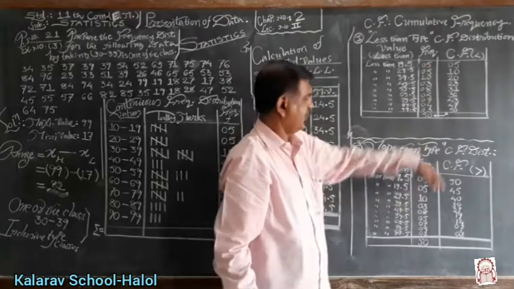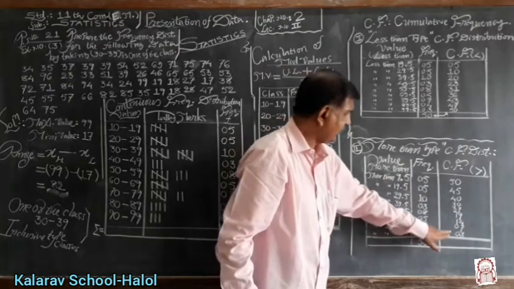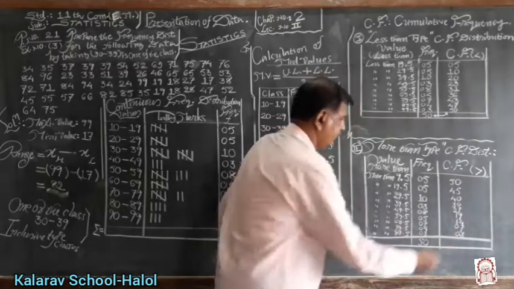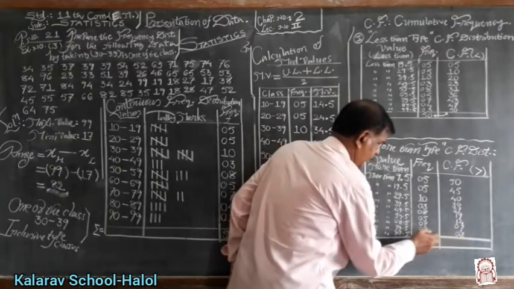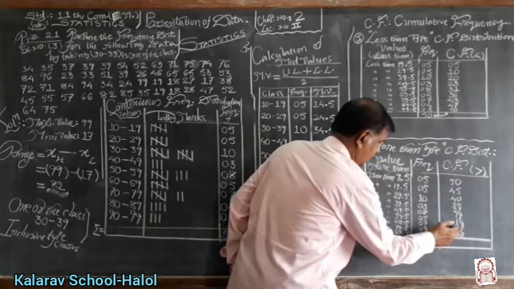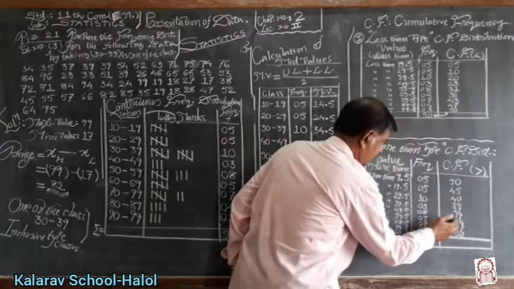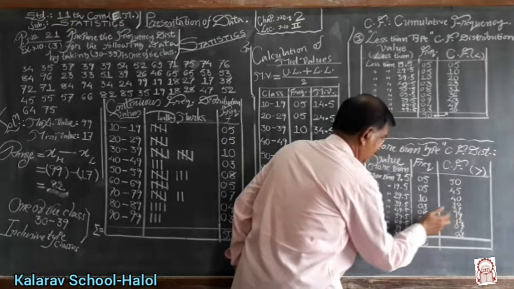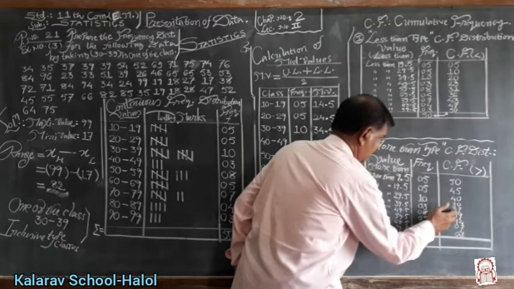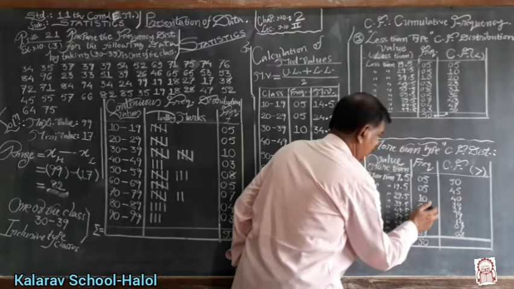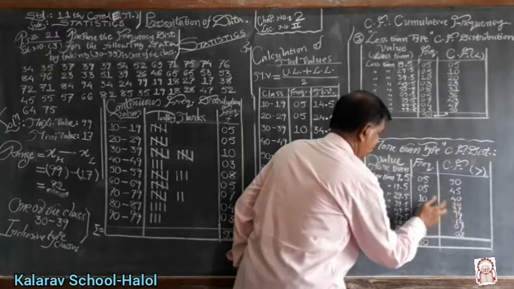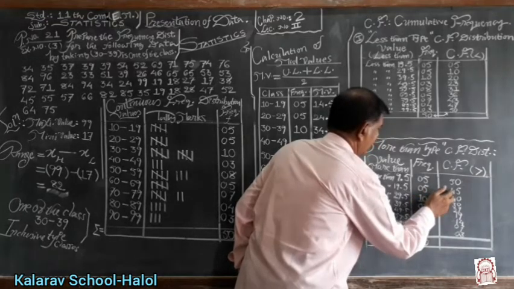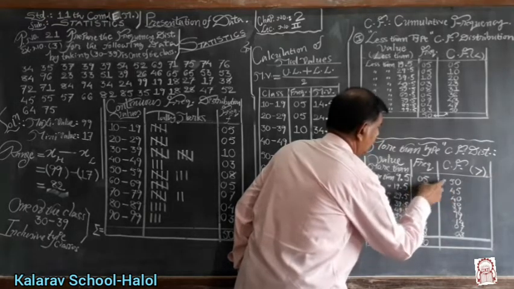The last frequency 3 as it is, then 3 plus 4 becomes 7. 7 plus 7, 14. 14 plus 5, 19. 19 plus 8, 27. 27 plus 3, 30. 30 plus 10, 40. 40 plus 5, 45. 45 plus 5, it becomes 50.